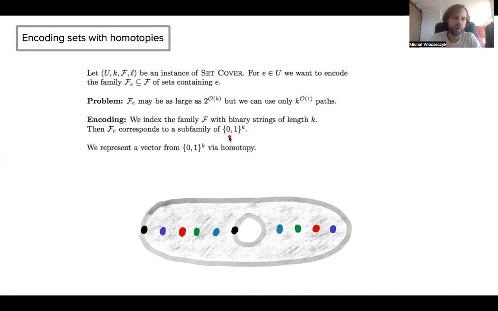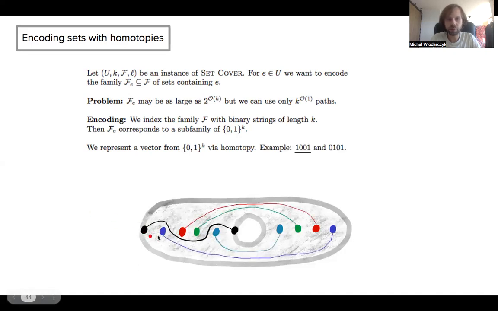Now there is a nice way to represent a binary vector with homotopy. So consider the toy instance and the path between these two black vertices. This path needs to make a choice for each colorful vertex, whether to pass it from the top or from the bottom, and this can be encoded with a single bit.